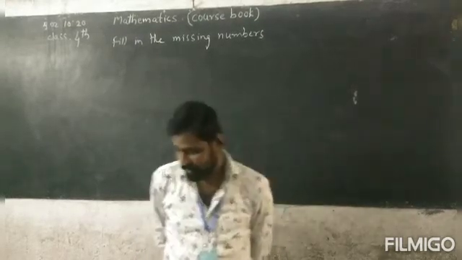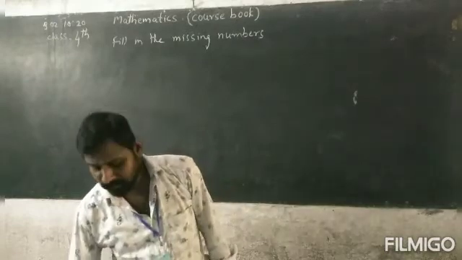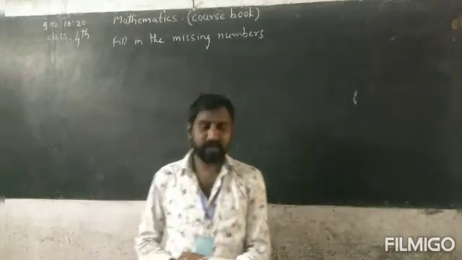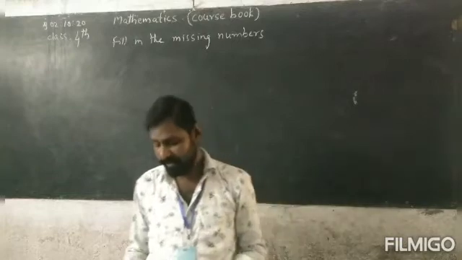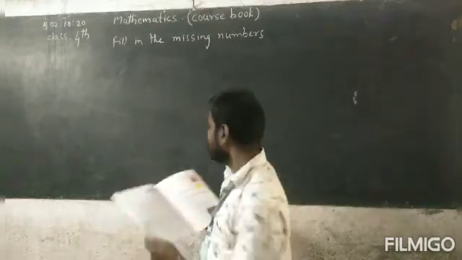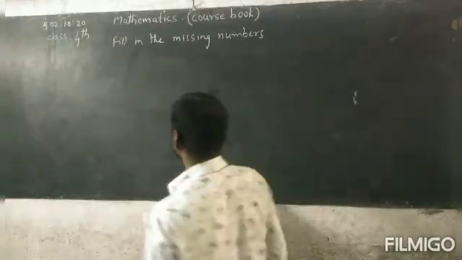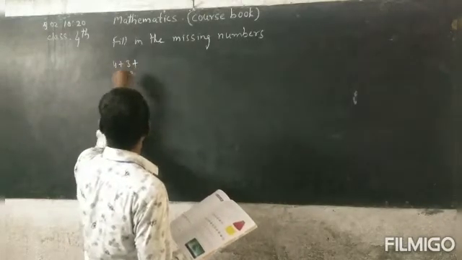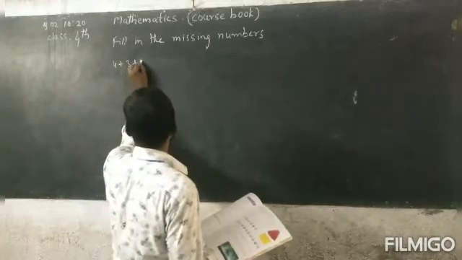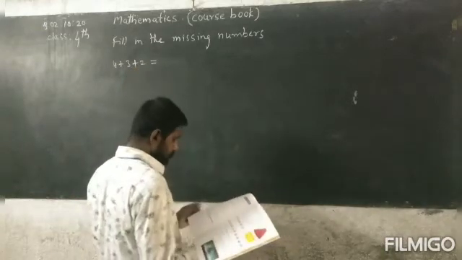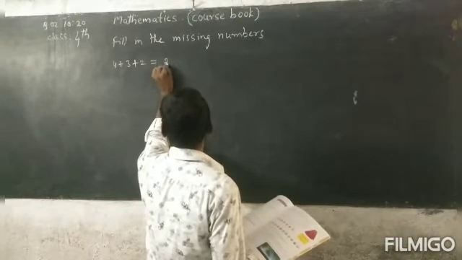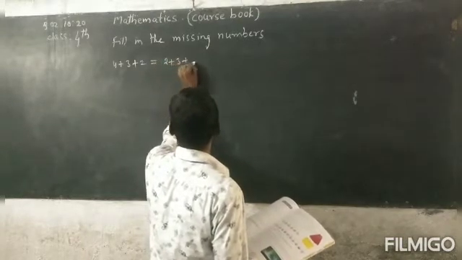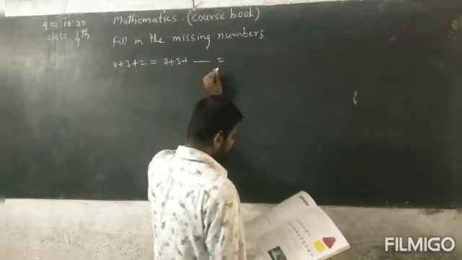My dear fourth class students, from your workbook, open page number 32. See here, fill in the missing numbers. 4 plus 3 plus 2 is equal to 2 plus 3 plus dash is equal to 9.